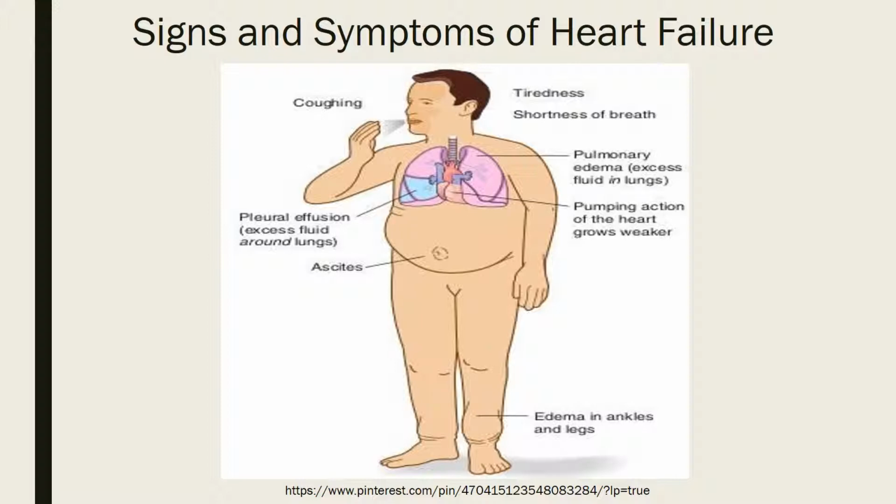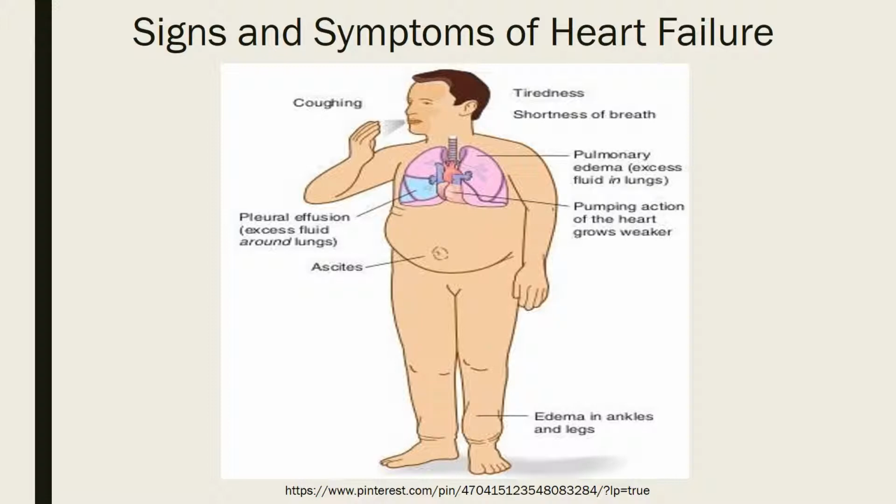Signs and symptoms of heart failure. So remember, the left side, you're going to have more of the lung issues. You're going to have the coughing, the shortness of breath, the pulmonary edema, which is the excessive fluid in the lungs. And then you're going to have pleural effusion as well, excessive fluid around the lung tissue.